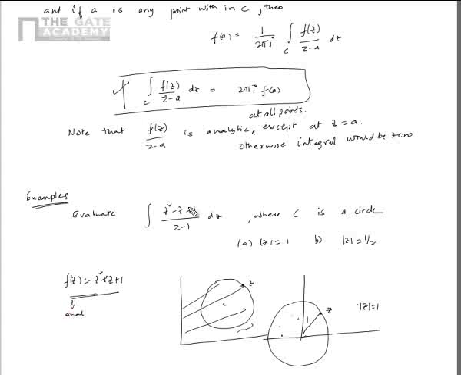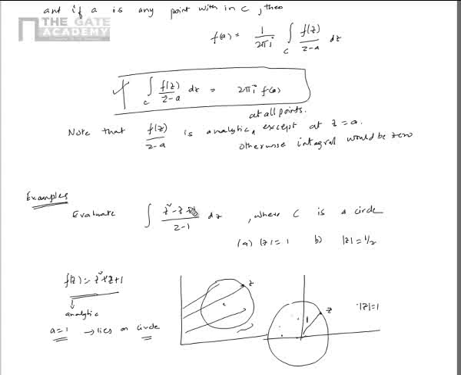This is a polynomial function in z, so there's no problem in differentiation; at every point the derivative will exist. And a is equal to 1, because this is z minus a, and this lies on the circle.